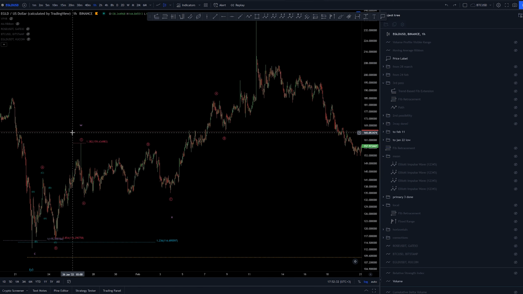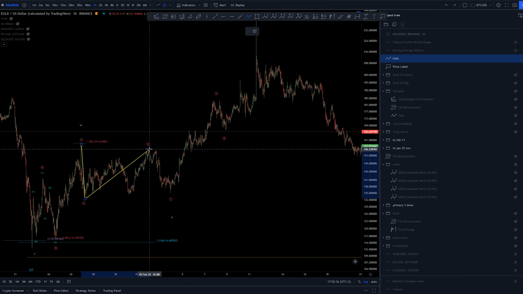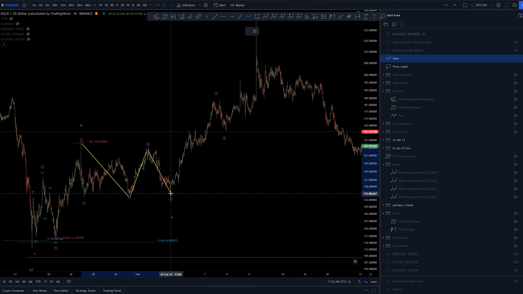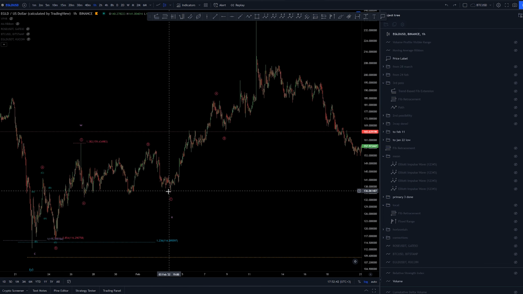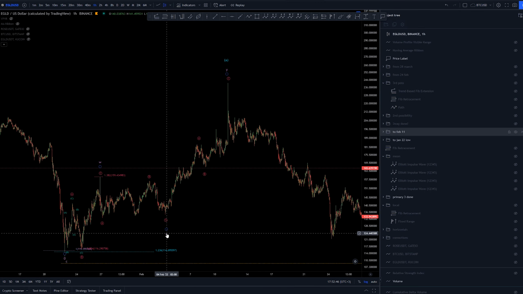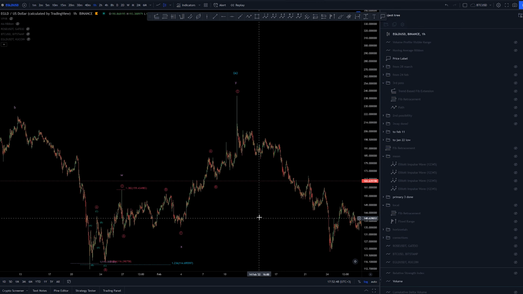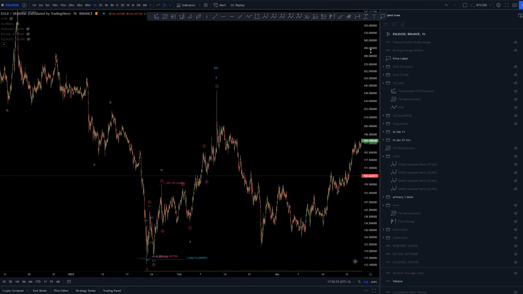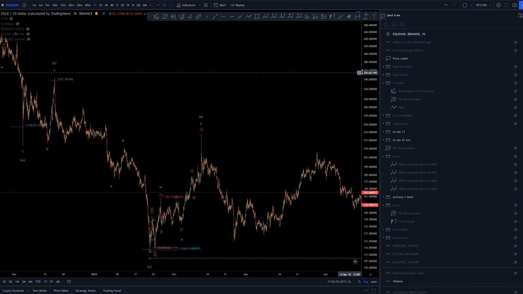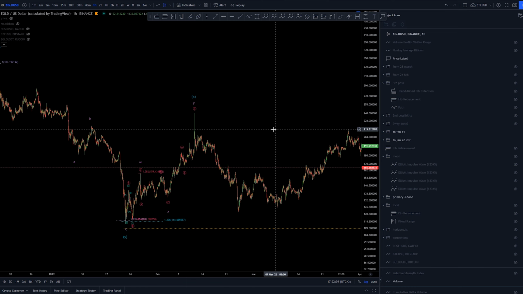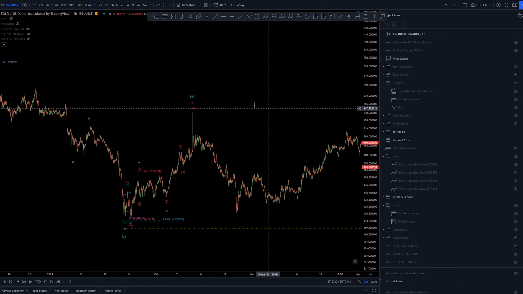A 3-wave move to me is something like this, or this, but to me it ends here. So that brings us to the X and another zigzag to Y. On a larger scale, zooming out just a bit, this brings us to the highs of February 11th and possibly an A wave.